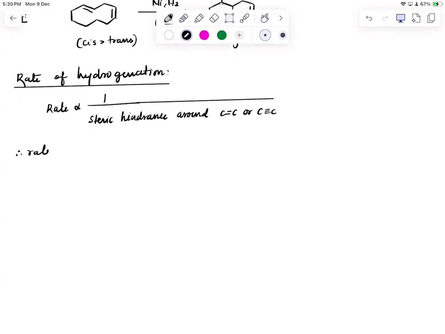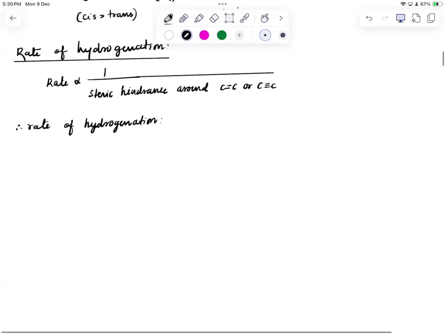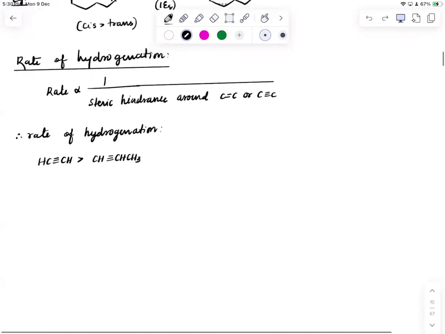Therefore, rate of hydrogenation will be most for the triple bonded form with some group here, sorry, with some group here and CH3.